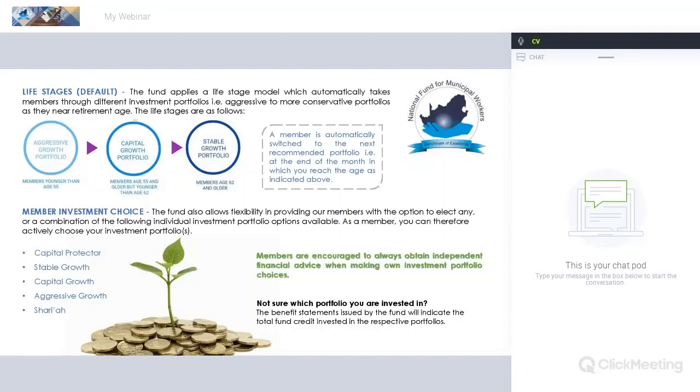Should a member be uncomfortable to select any of these investment choice portfolios, they can also choose the Life Stages default model. This model is an automatic model where members' fund credits and contributions move from a more aggressive investment portfolio to a less aggressive investment portfolio as they age and get closer to their retirement.